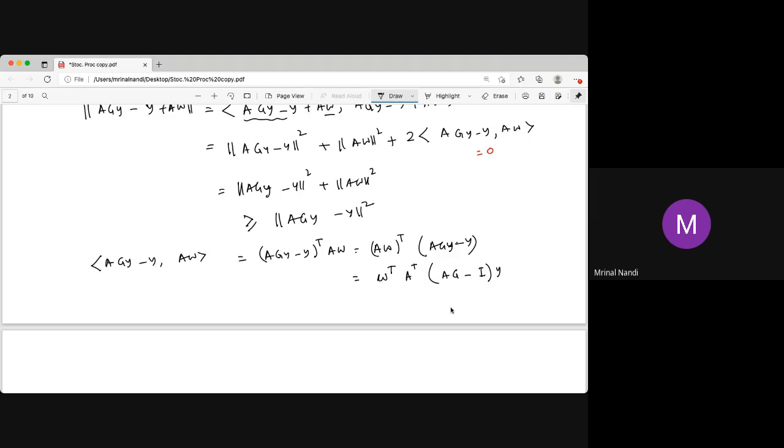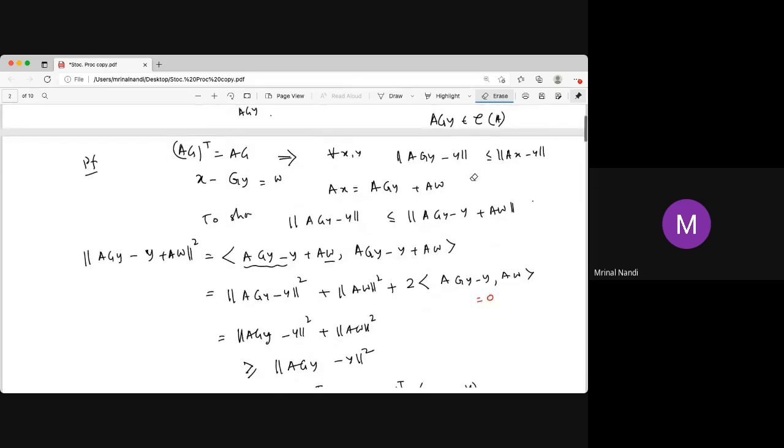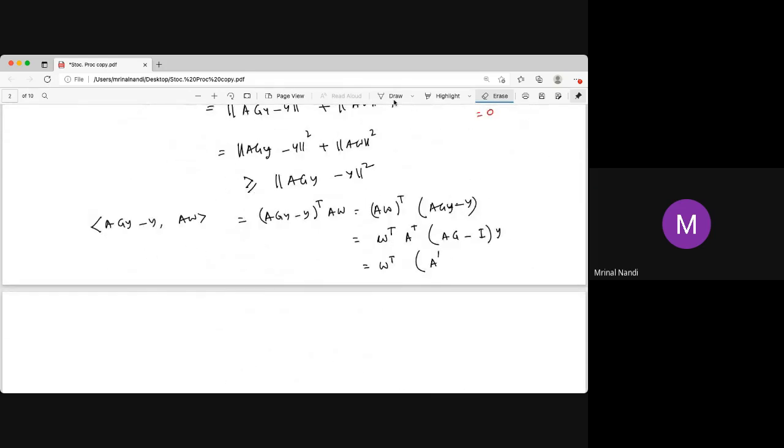Now you take inside: W transpose, A transpose. But what is AG? By definition, we assume that AG is AG transpose. So this is G transpose A transpose. So this is A transpose G transpose A transpose minus A transpose y.